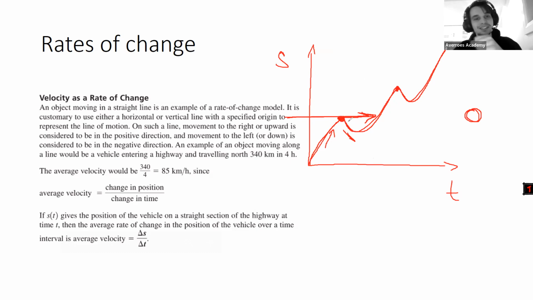So our instantaneous rate of change in this point is equal to 0. Do you see what I mean? Yep. It means that our speed at this period of time was equal to 0. And here, because it's logical, before going backward, after going forward, we need to stop.